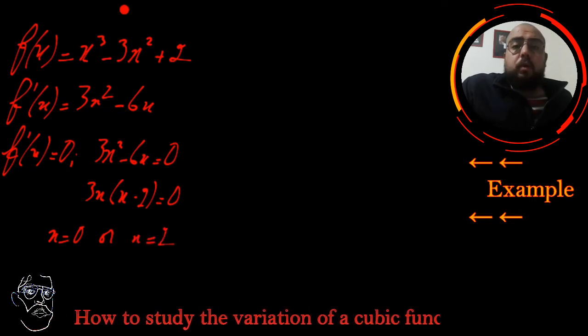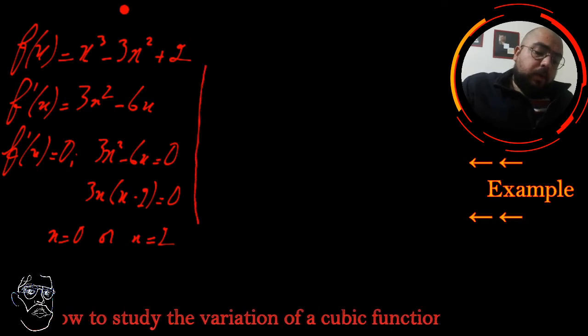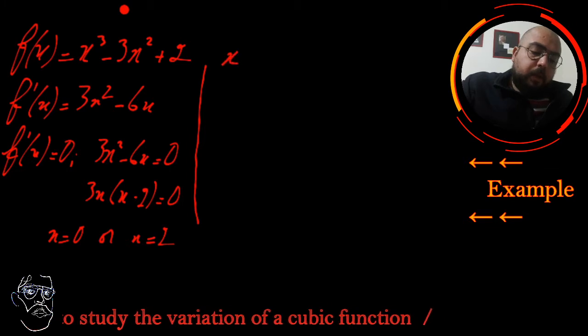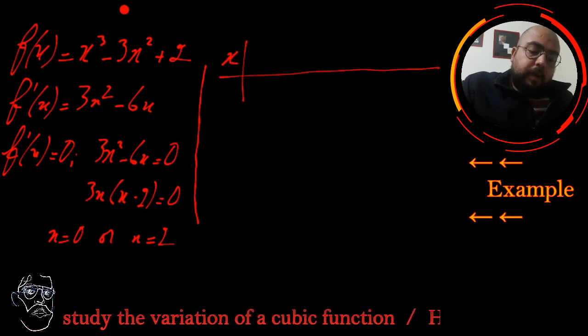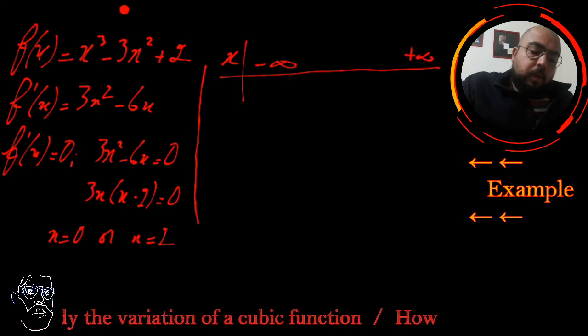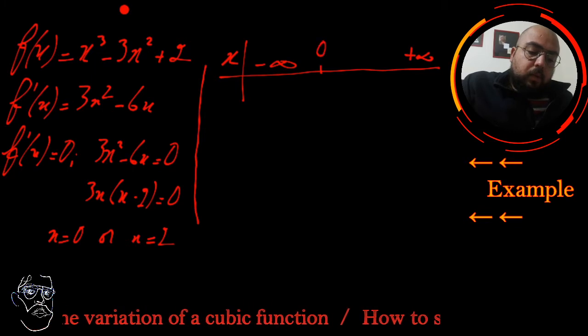And then you go and study the table of variation. You will have to do the table of variation. X going from minus infinity to plus infinity, passing by these two values, which are 0 and 2.